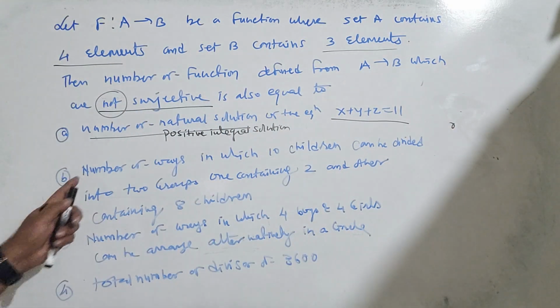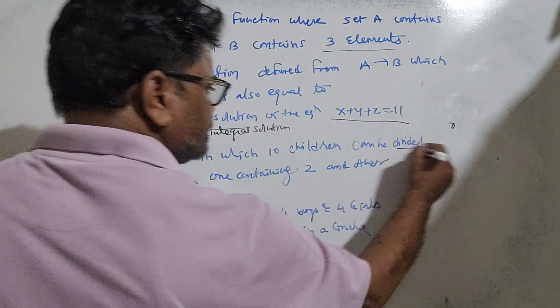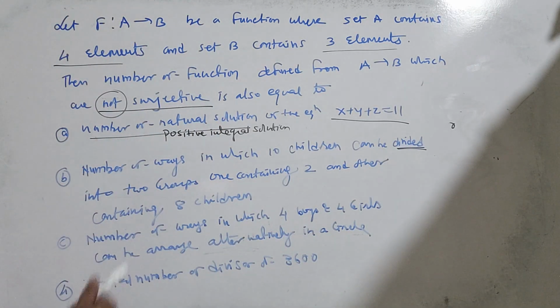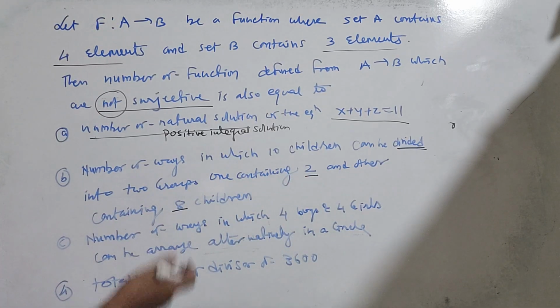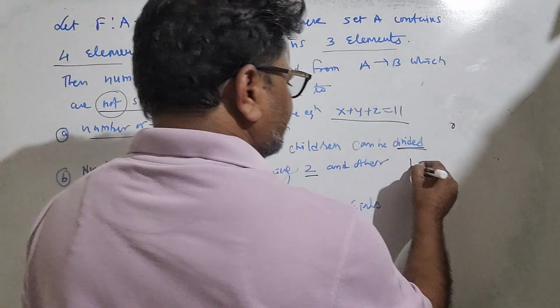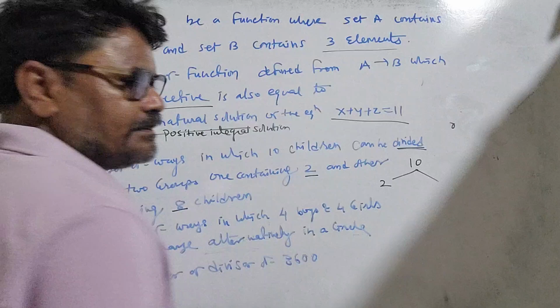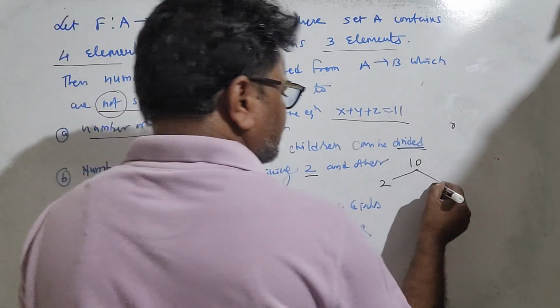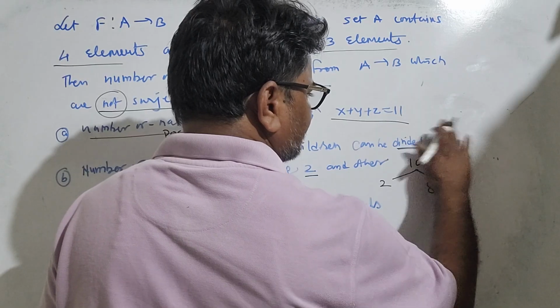And then the second option is the number of ways in which 10 children can be divided, only divided, into two groups, one containing 2 and one containing 8. This is very easy. The 10 has to be divided into two groups, one containing 2, another containing 8. So the total number of ways is 10C2, correct?